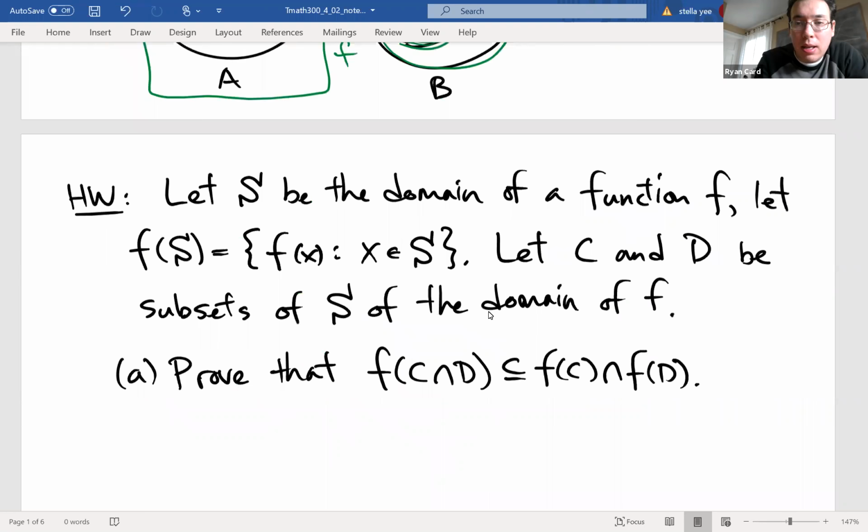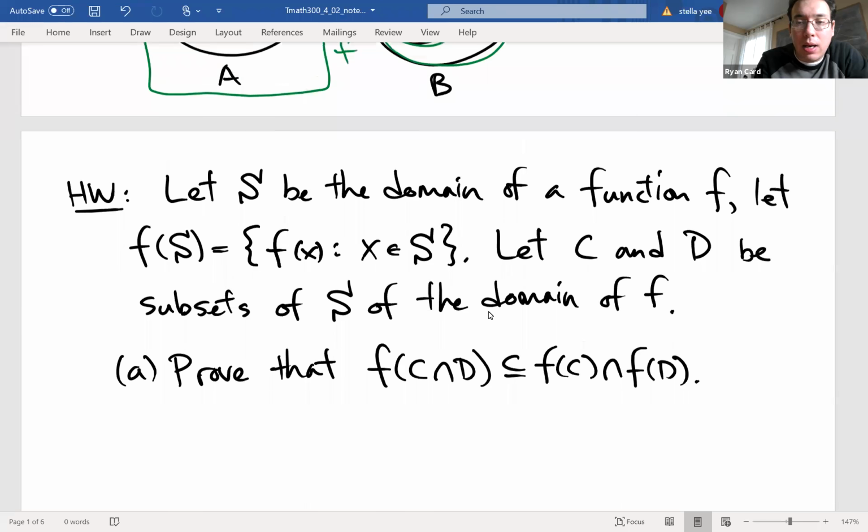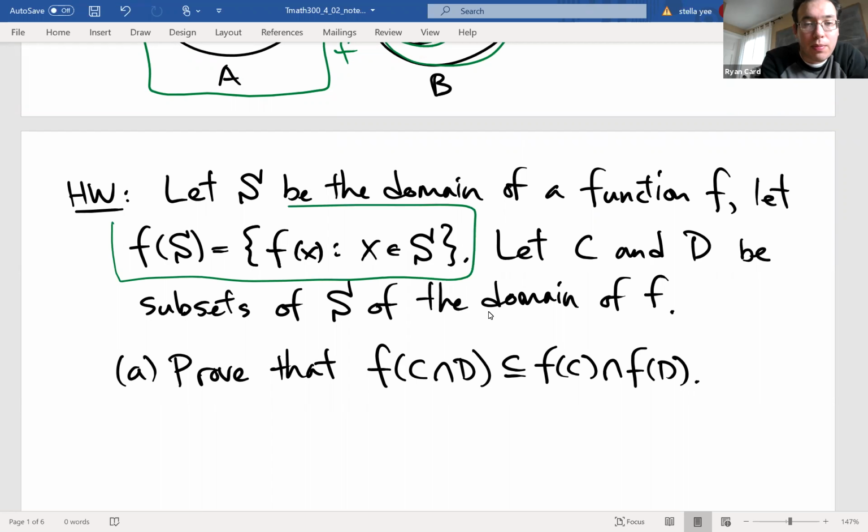All right. So here's the homework problem that's in this vein. Maybe I could get you started on this one. If you have a set S and you want to talk about the image of that set S, we can define it this way: all of the f of x, where x is in S. Then we pick C and D, some arbitrary subsets of the domain.